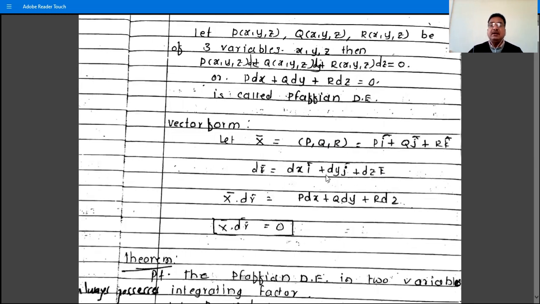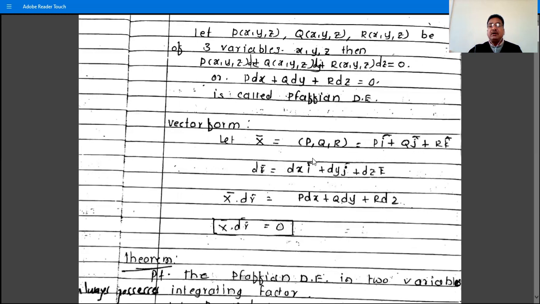So we can write any vector either in the form of i, j, k, or in the form of a 3-tuple, in round brackets P comma Q comma R. Similarly dr bar is (dx, dy, dz). And then what is X bar dot dr bar?